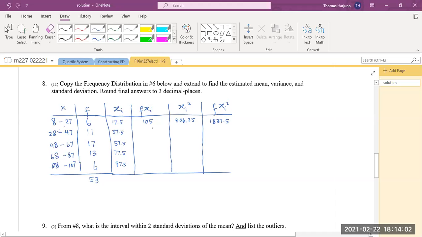37.5 times 11 is 412.5. 37.5 squared is 1406.25 multiplied by the frequency 11. That's 15,468.75.